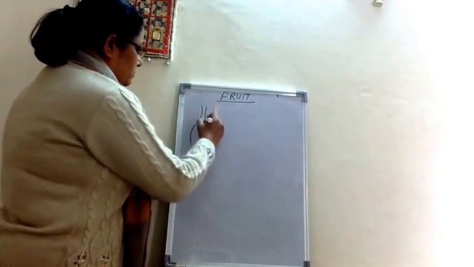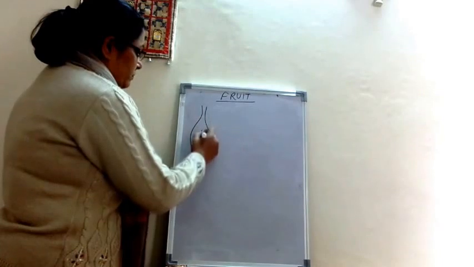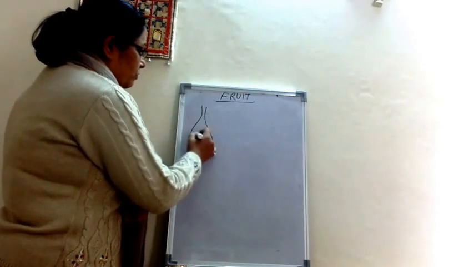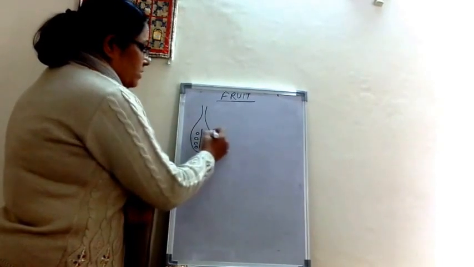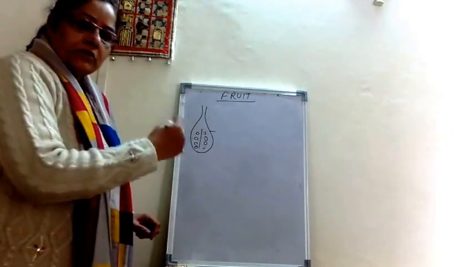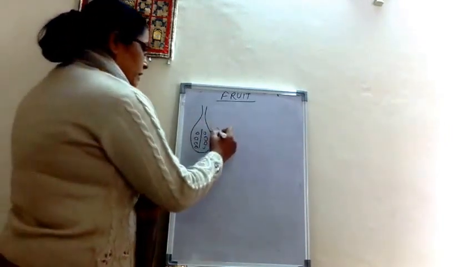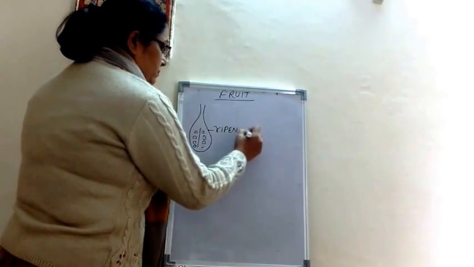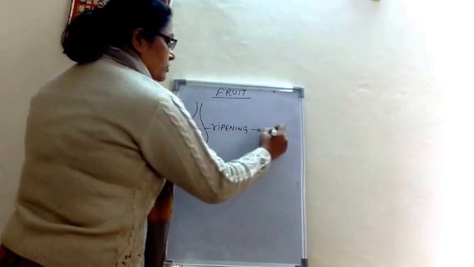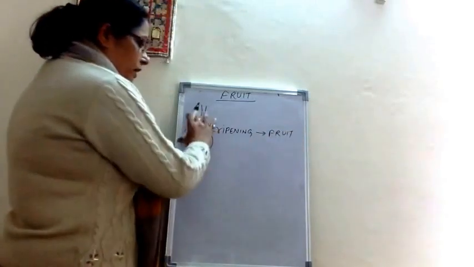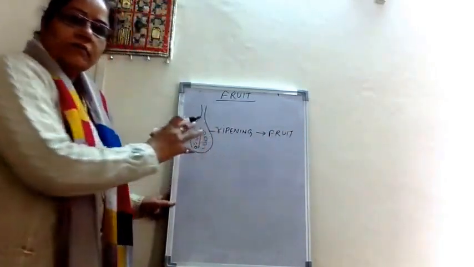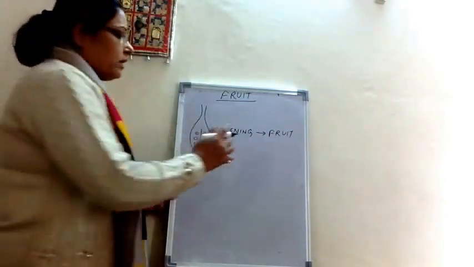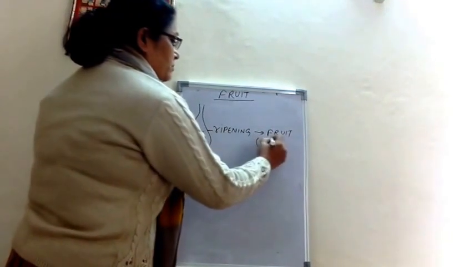Like this. This is the ovary, and these are the ovules. This ovary, on maturation or on ripening, becomes fruit. And it also forms the fruit's outer covering, which is called pericarp.